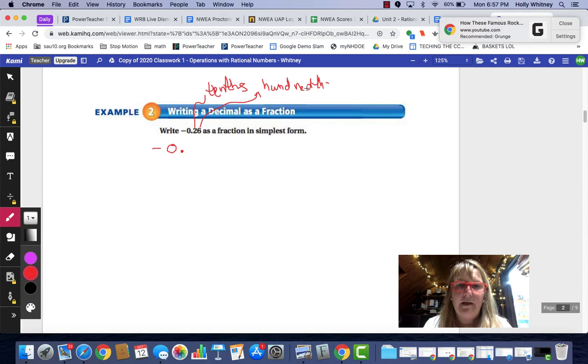Remember, I'm writing it down, so you should be writing it in your notes. So I would say this is negative 26 hundredths. I would just write it over 100. If I say my decimals correctly, they write themselves.